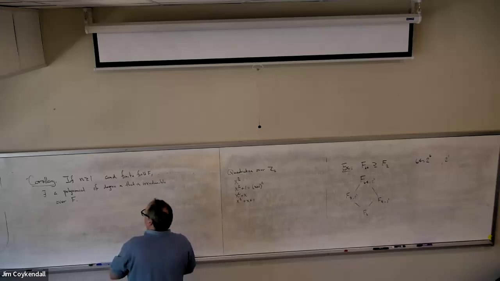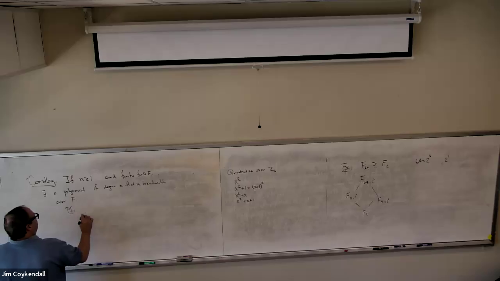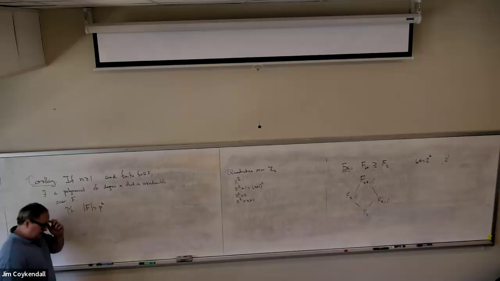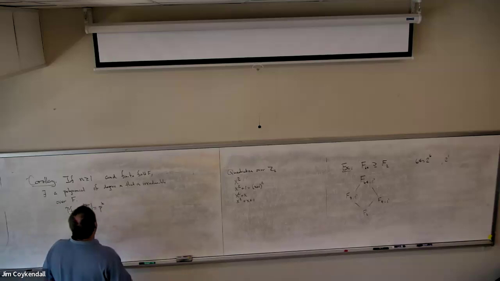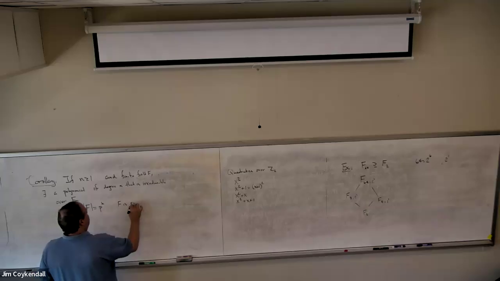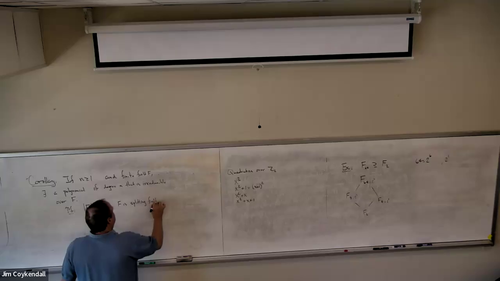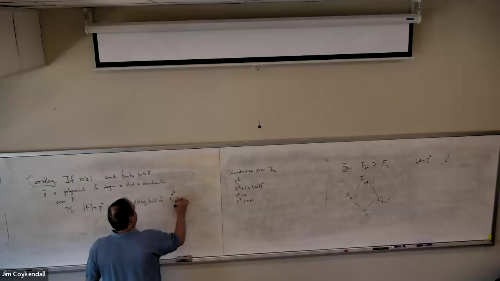Why is it true in general? Well, proof. Suppose that the order of F is p to the k. Then F is the splitting field of x to the p to the k minus x.